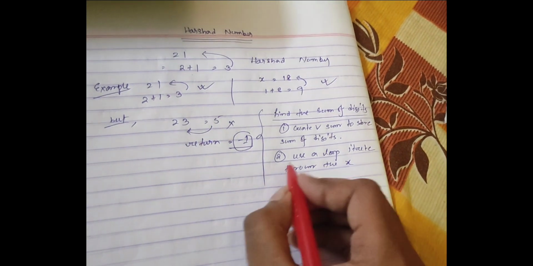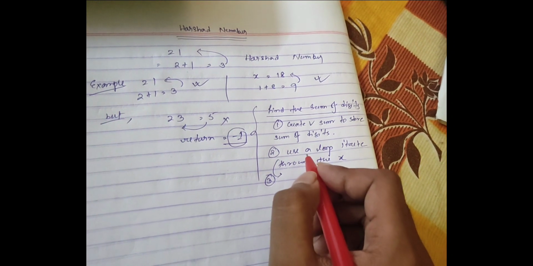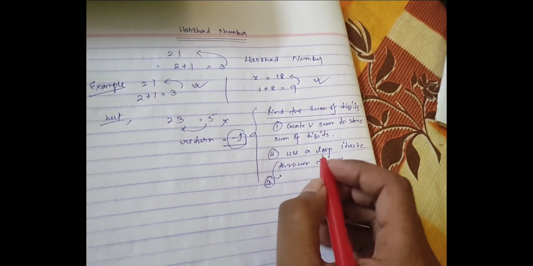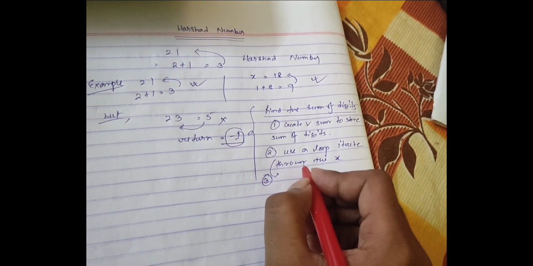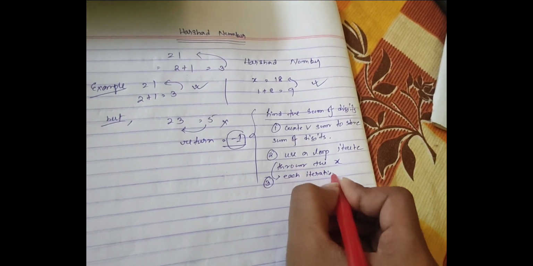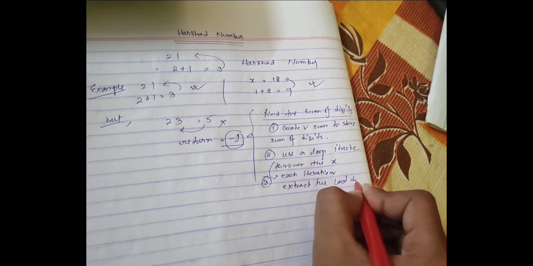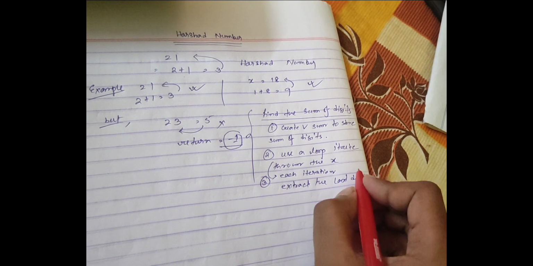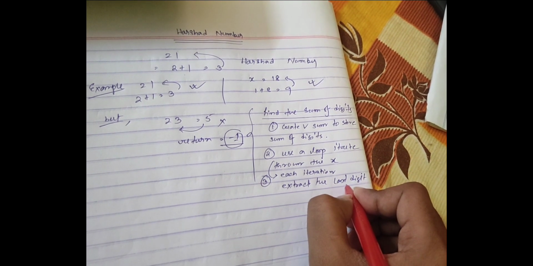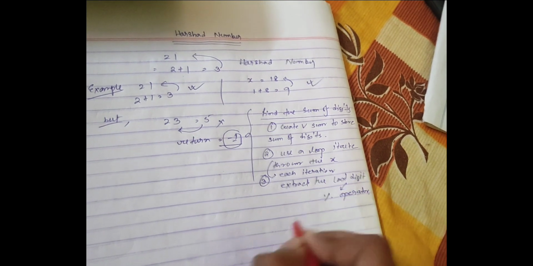Then in this loop, in each iteration, extract the last digit. We know that to extract the last digit we use the modulo operator, which is very easy.